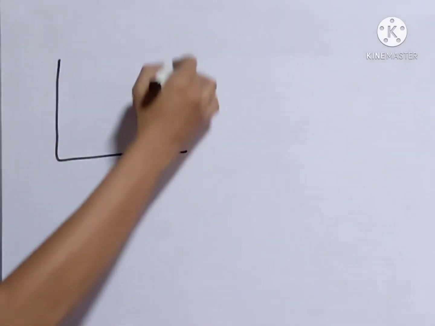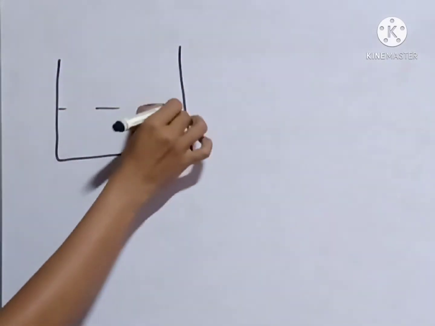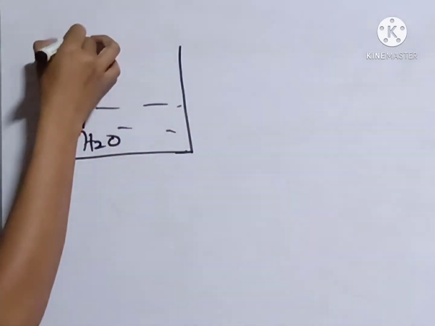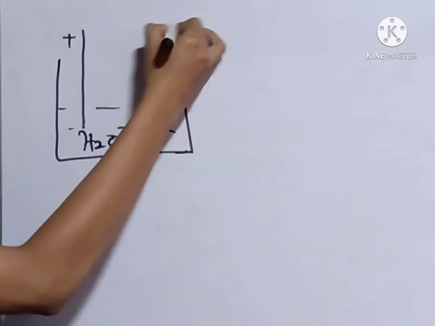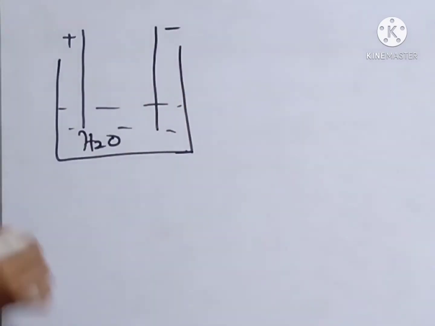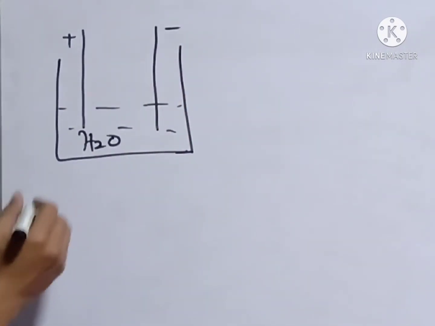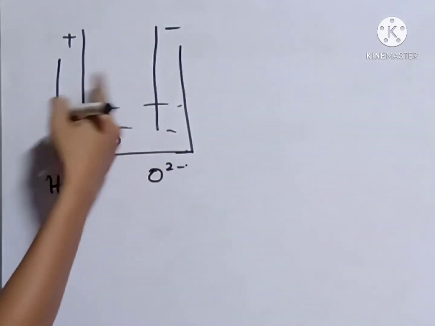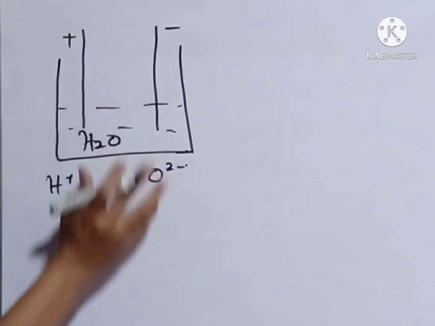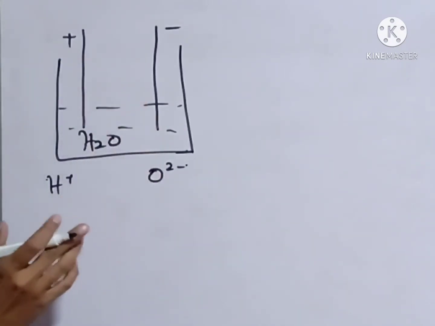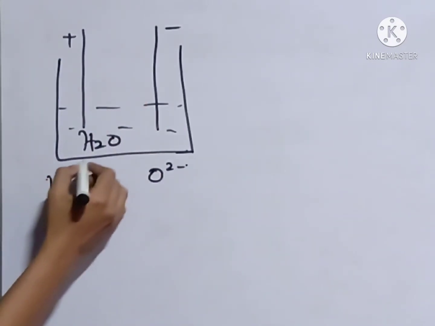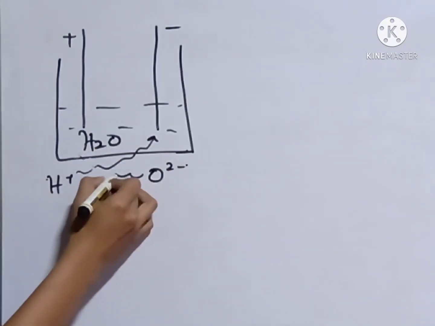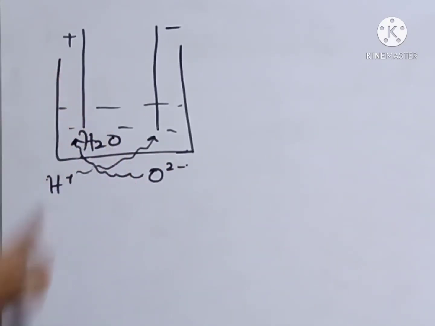Consider we are going to conduct electrolysis of water. And here is a positive electrode and a negative electrode. During electrolysis, H plus ions and O2 minus ions will be formed in this electrolyte. The H plus ions will move towards the negative electrode, and the O2 minus ions will move toward the positive electrode.